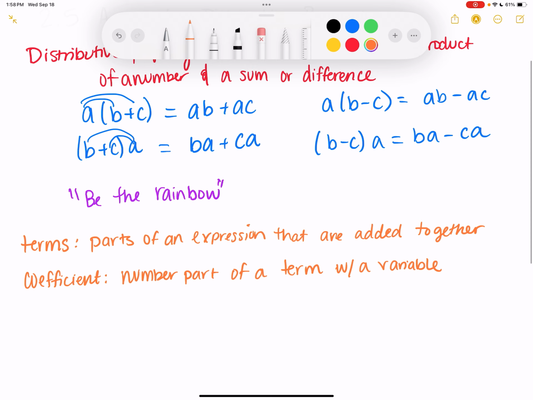A constant term is a number without a variable.